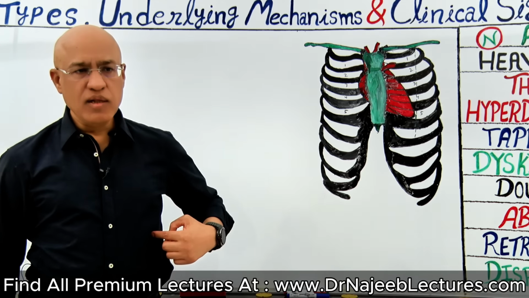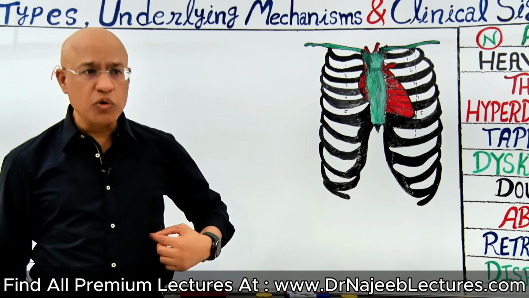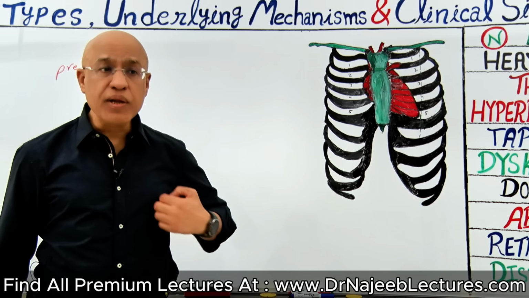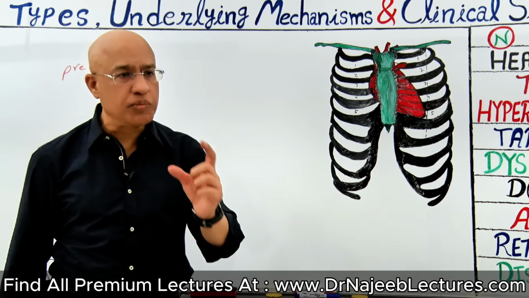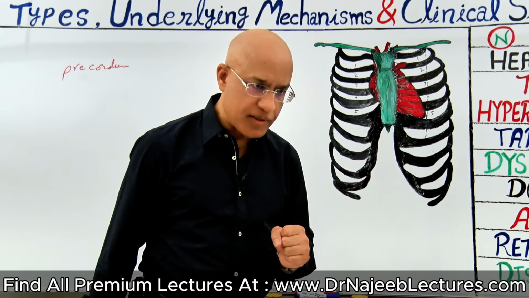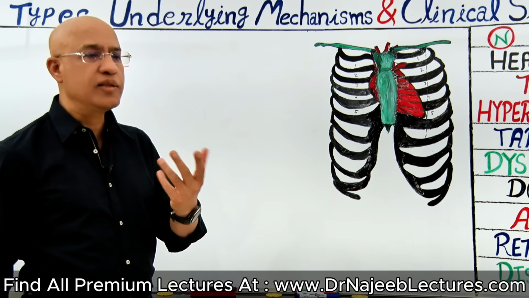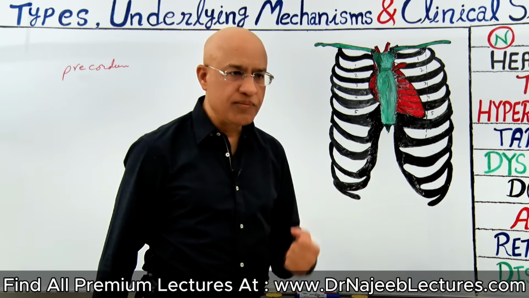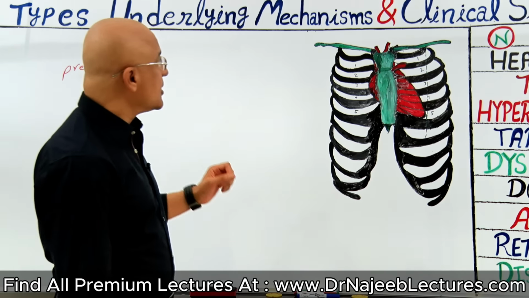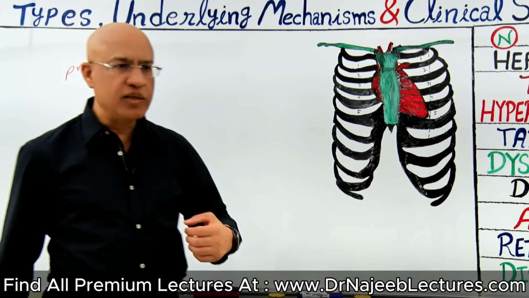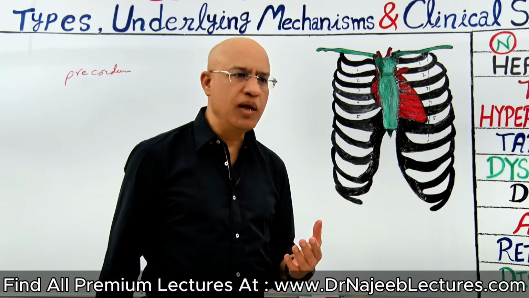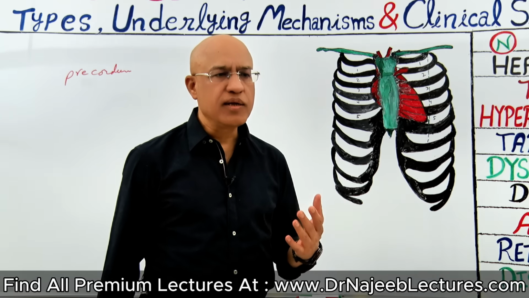Apex beat is the outermost and the lowermost area of the precordium where a definitive cardiac impulse can be palpated, or in a thin-chested person inspected. This point where we can palpate it is also called the point of maximal impulse. Remember that.